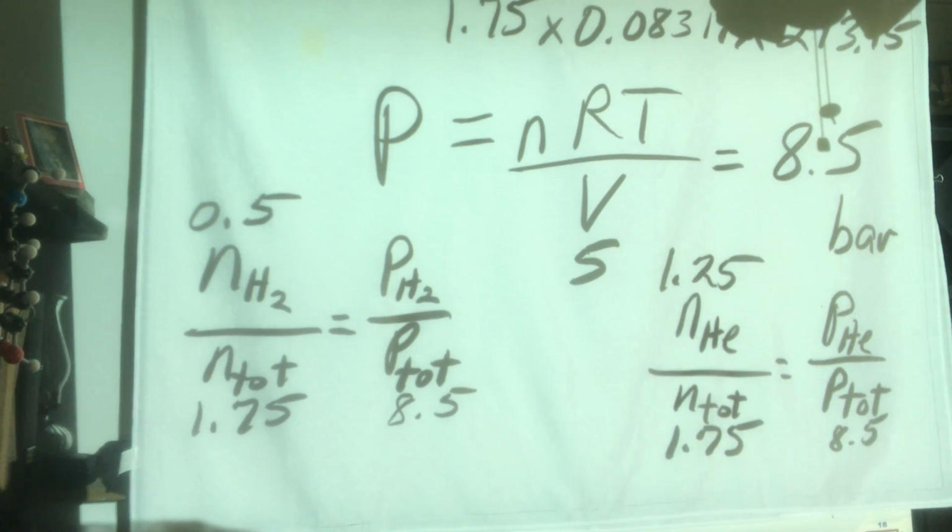And there you will cross multiply: 1.25 times 8.5 equals 1.75 times the partial pressure of He, helium gas. You'll divide the answer of the first two numbers multiplied together by 1.75 and you'll have the partial pressure of helium gas. So write those two out like I did and get a number for the partial pressure of hydrogen gas and the partial pressure of helium gas.